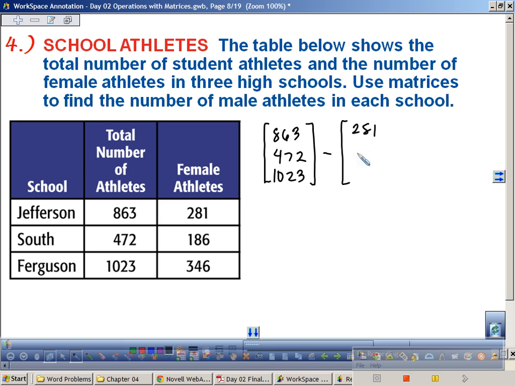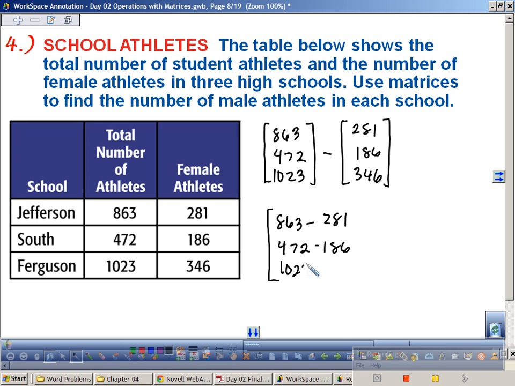Evan, get out your calculator. 863 minus 281, 472 minus 186, 1023 minus 346. Do we have answers?